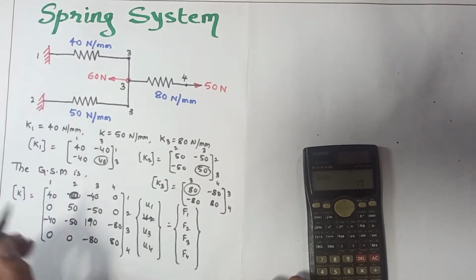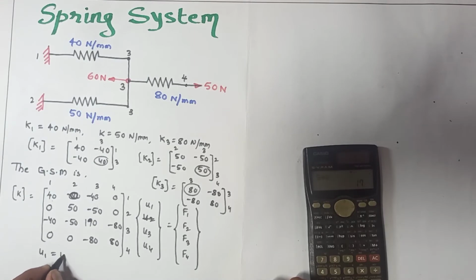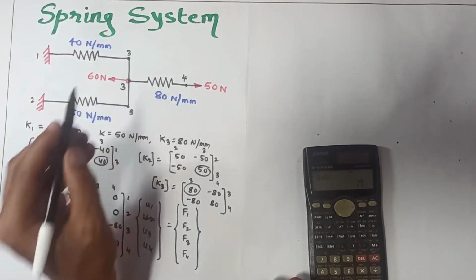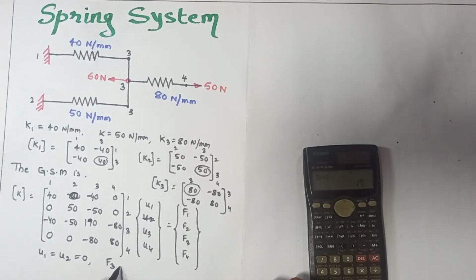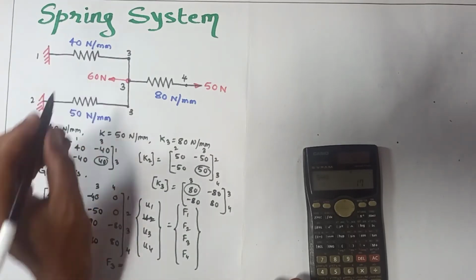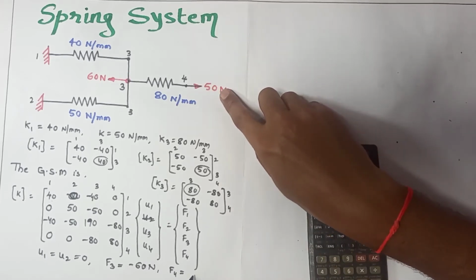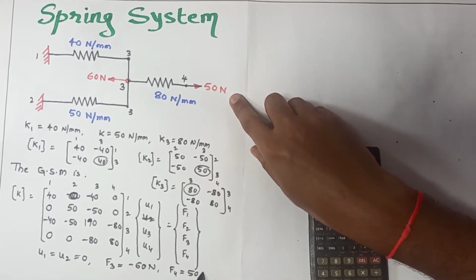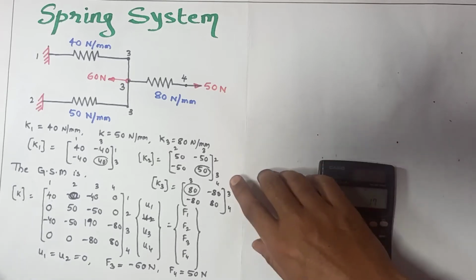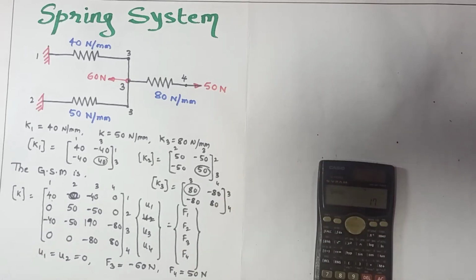At nodes 1 and 2 the displacements are 0, so u1 and u2 are equal to 0. At node 3, the force is 60 Newton acting towards left, so it will be minus 60 Newton, and F4 is 50 Newton acting to the right side, so it will be plus. Now we will substitute in the same equation.